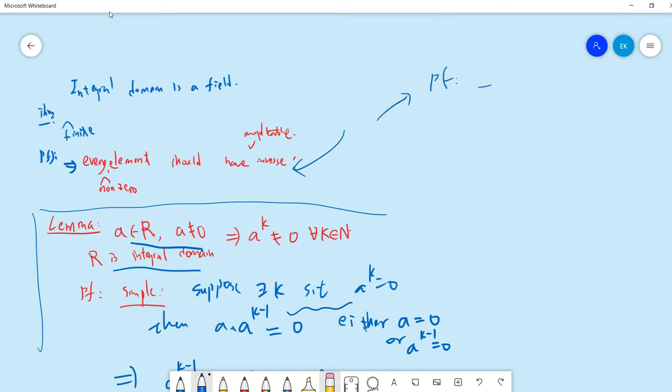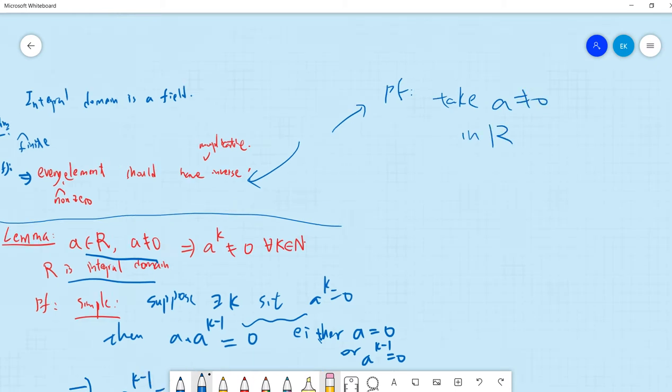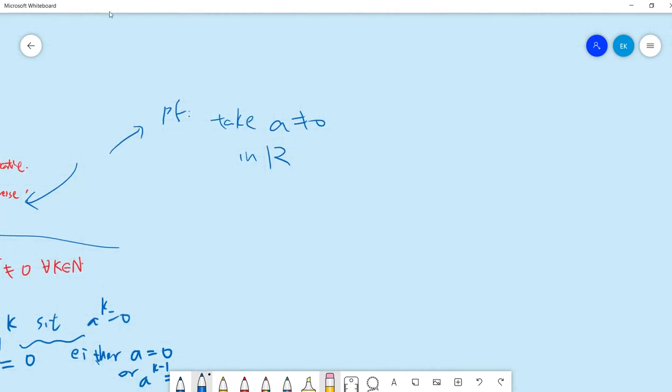So the proof is: take a non-zero in R, and we want to show that there must be a multiplicative inverse. I just collect a set C of a^k for k from 1, 2, 3 to infinity.